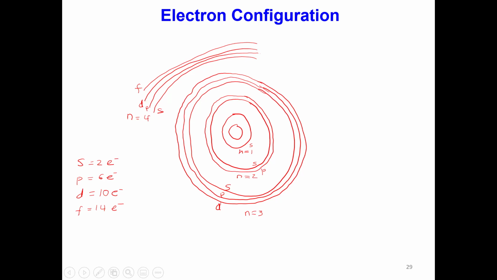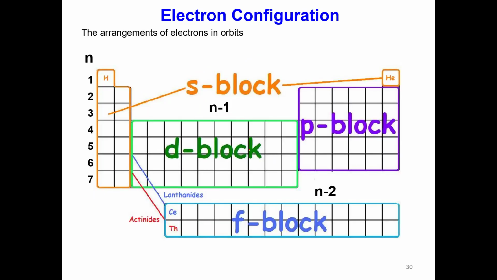And this is for S, for P, for D, for F, because they belong to n equal 4. This will be 3D, 3P, 3S. This will be 2S, 2P. And here we have just one S because we had one subshell. Then I hope this helped to understand the next thing we are going to do.